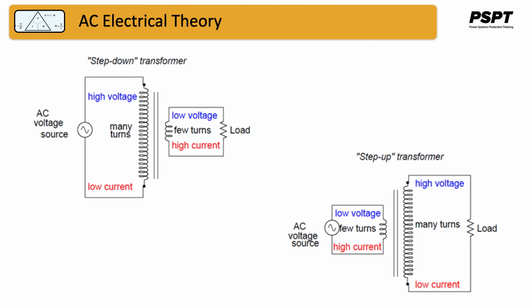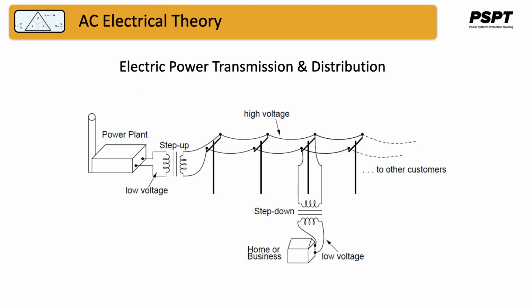The advantage here is you can use smaller diameter wire for transmission with less resistive power losses. Transformer technology has made long-range electrical power distribution practical. Without the ability to efficiently step voltages up and down, it would be cost prohibitive to construct power systems for anything but close range.